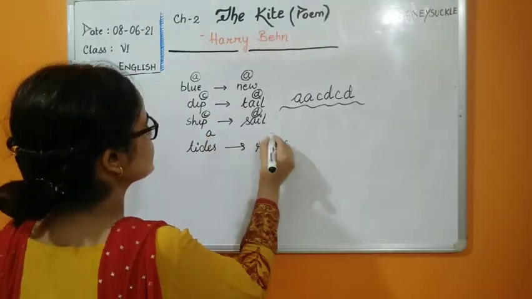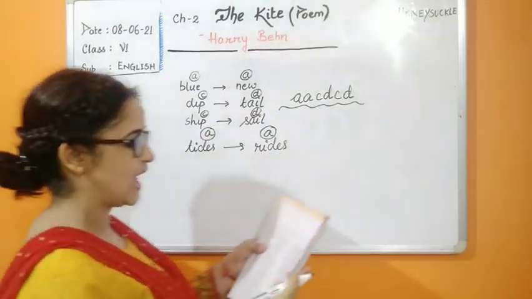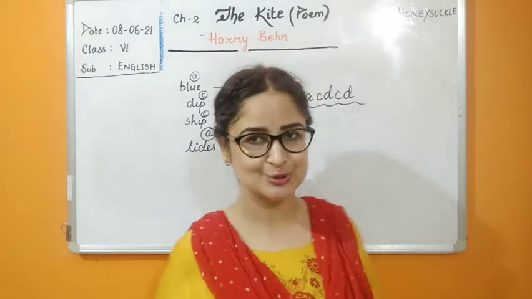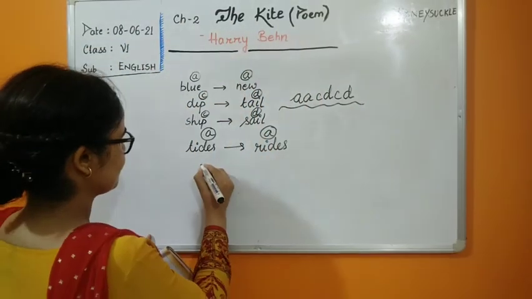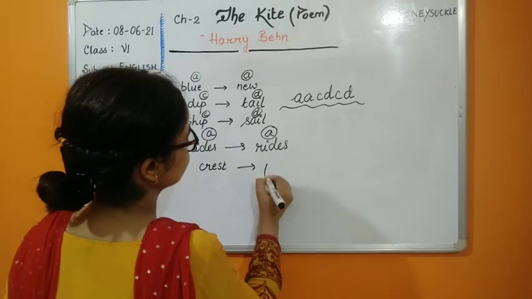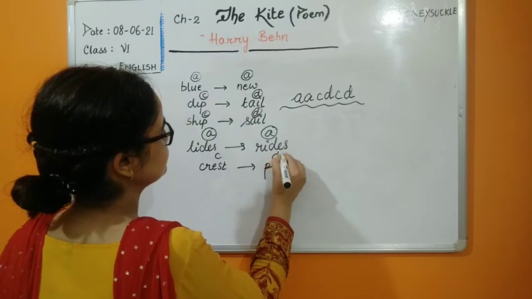So the first one is A and A. Again we have crest and pulls. They do not rhyme. So again they will be C and D.